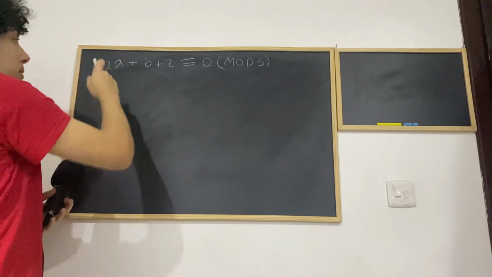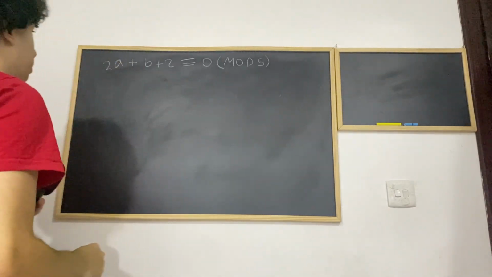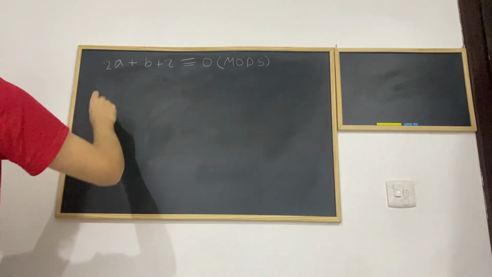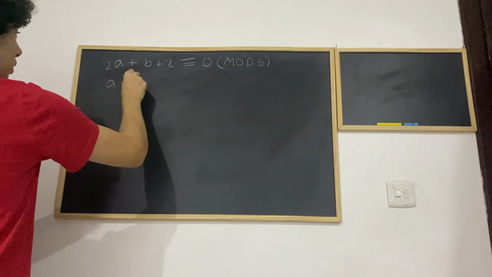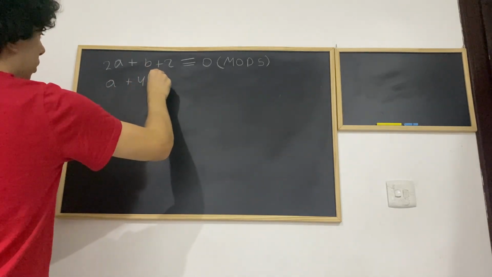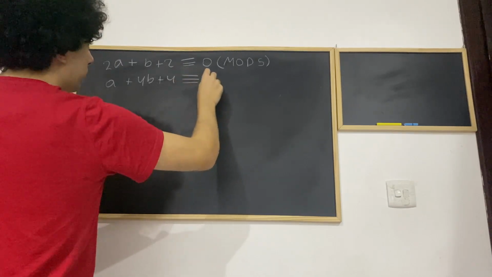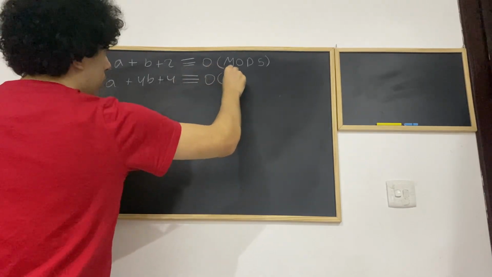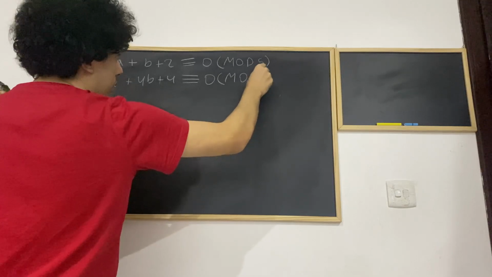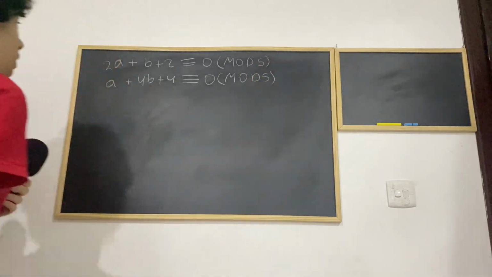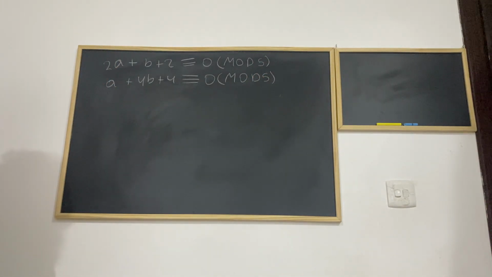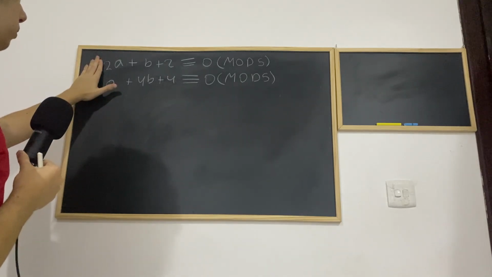This means that this number is a multiple of 5. Pretty simple. Now let's do the same thing with the other power, which was a plus 4b plus 4, which is congruent to 0 mod 5.